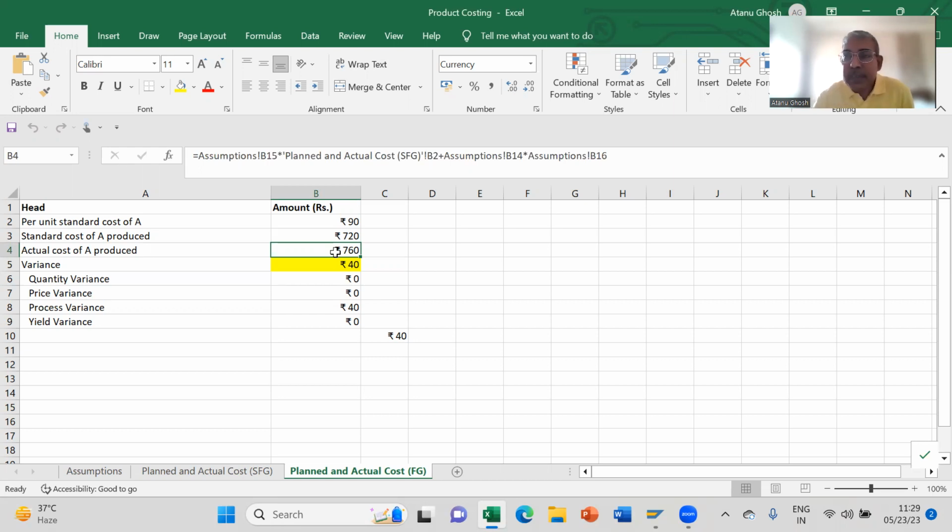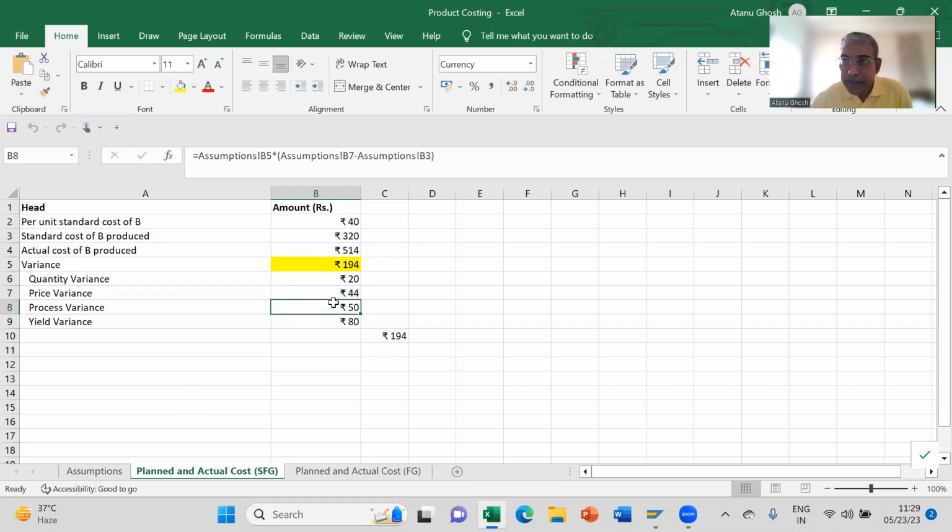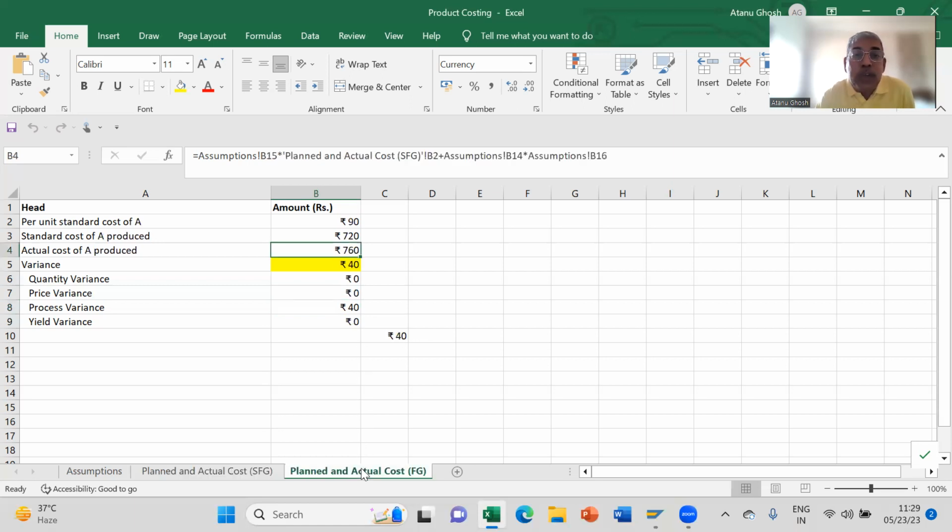In management accounting practice, if I had calculated the actual cost of A produced based on the actual cost of B, then the quantity variance, the price variance, the yield variance that we had calculated for B, these are the inefficiencies while producing B. Those inefficiencies also would have got loaded to A. That means this 194 rupees inefficiency would have got added as an inefficiency while producing A. That means the variance for A would have been 40 rupees plus 194 rupees.